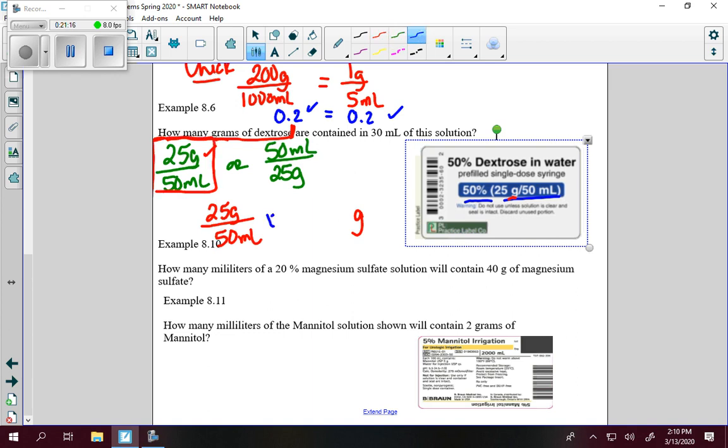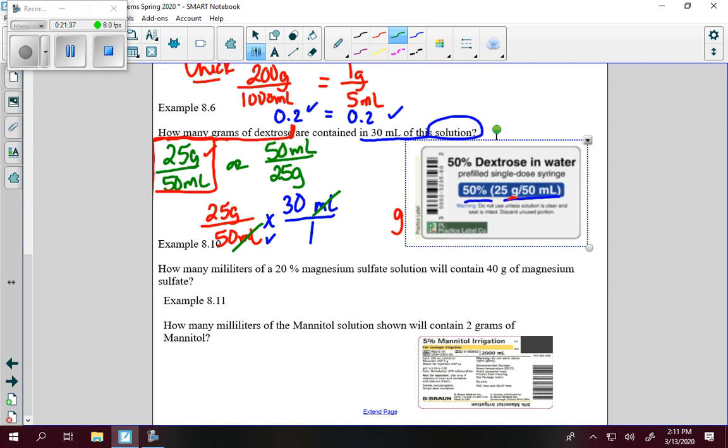Then the last step says I'm going to multiply with something with milliliters there. And that goes over 1. And then I'm going to look back up here and it says contained in 30 milliliters of a solution. And since this was a solution and this is now a solution, then I can cancel out my milliliters and do the math on that.